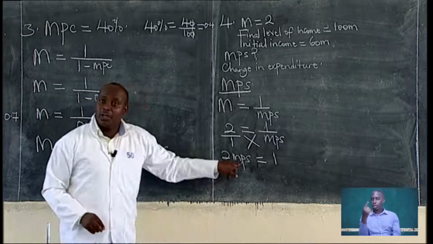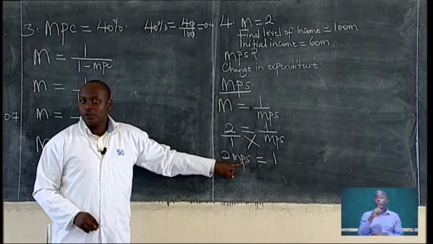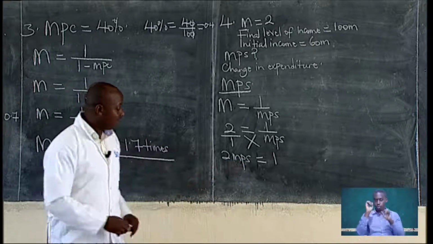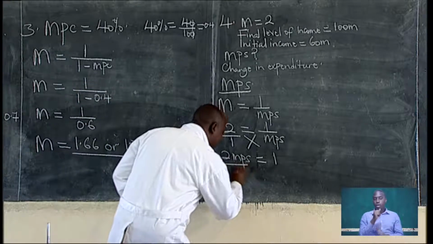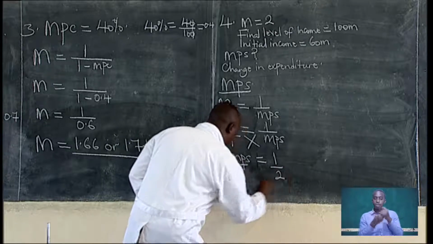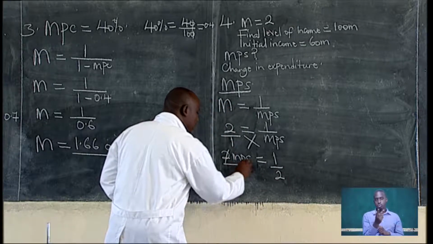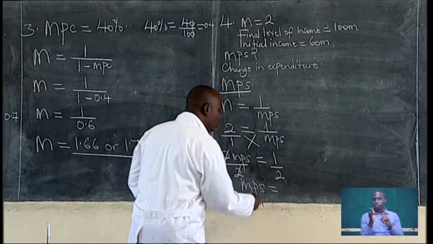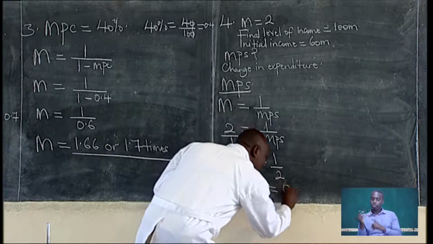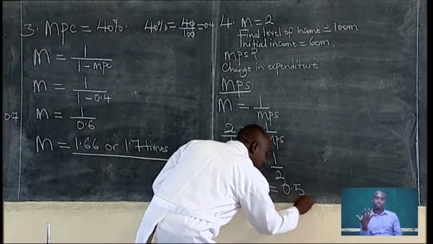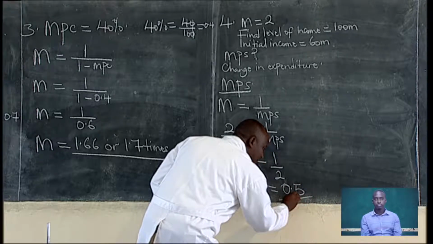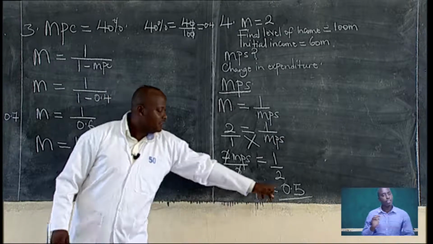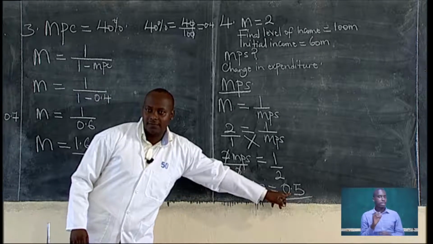We want to remain with the marginal propensity to save, so we divide both sides by 2. 1 divided by 2, which is a half, gives 0.5. That is how we get the marginal propensity to save. Our marginal propensity to save is 0.5.